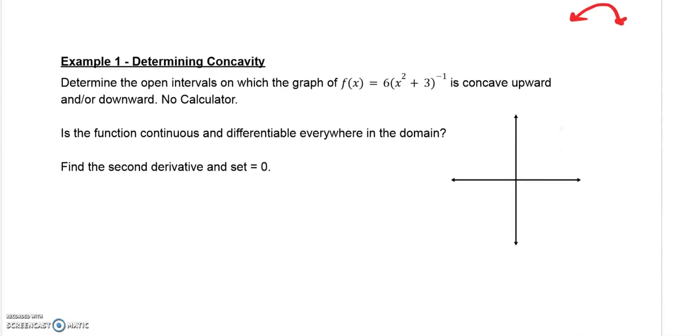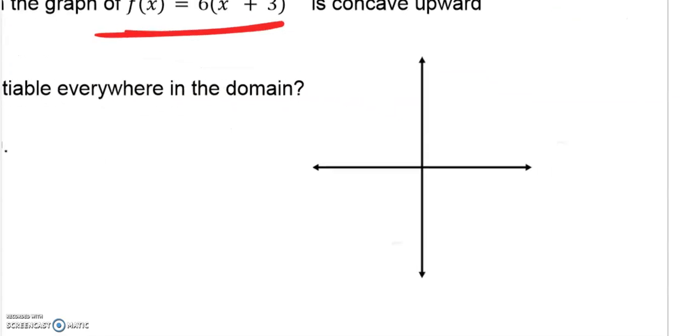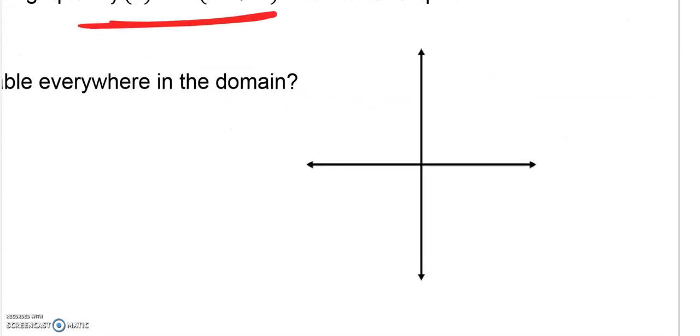Let's take a look at this next one. Determine the open intervals on which the graph, so here's your graph, is concave up or down. And we're going to try to do this without a calculator. But first thing I want to do is look at what the graph is, so if we could graph it using a calculator first, the graph looks something like this.